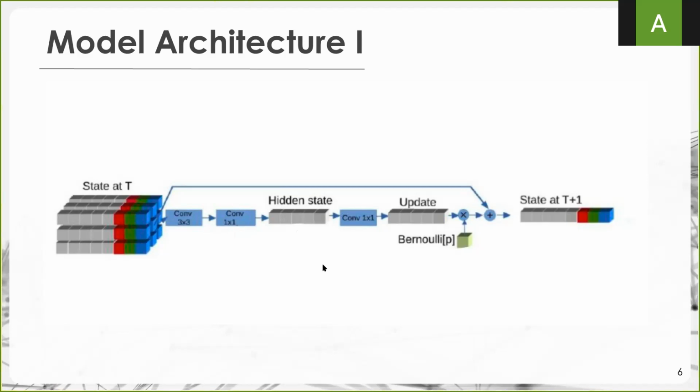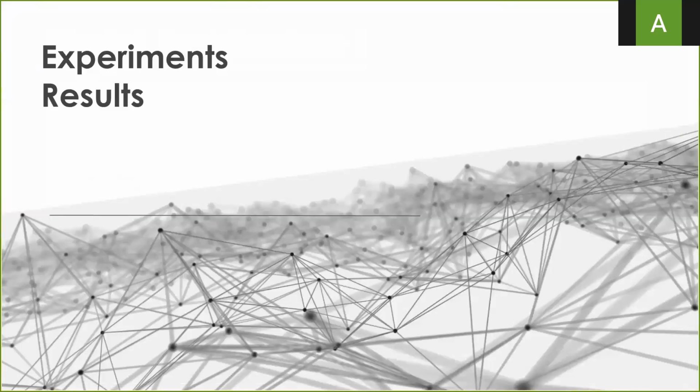The prediction is obtained by applying an additional 1x1 convolution. Then we use ReLU for all hidden layers, and in our experiments we used the standard Adam optimizer with a learning rate of 3·10⁻⁴, and the batch size was 128.